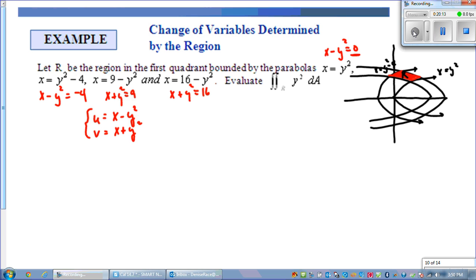My u then will go from 0 to -4, and my v would go from 9 to 16. Okay, so we'll again have a rectangular region. Okay, so this is our new region.